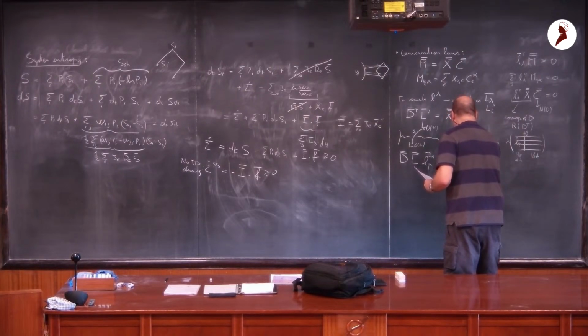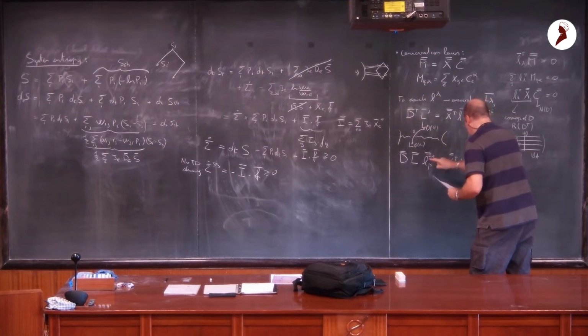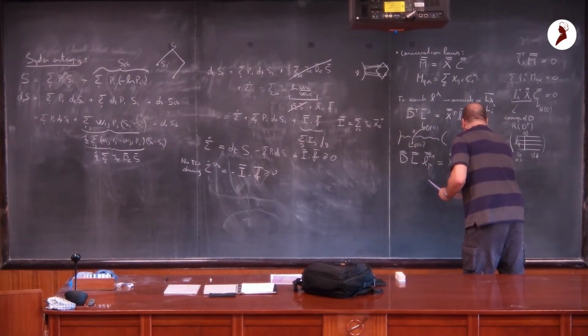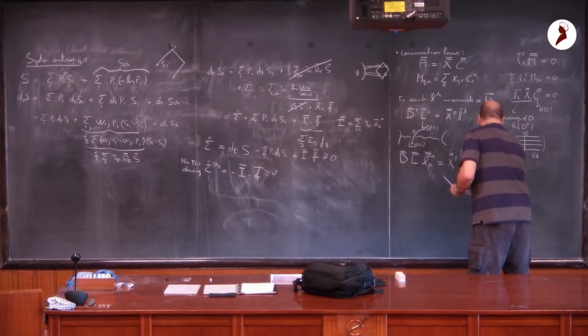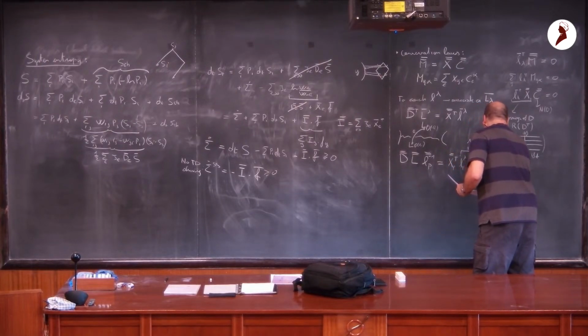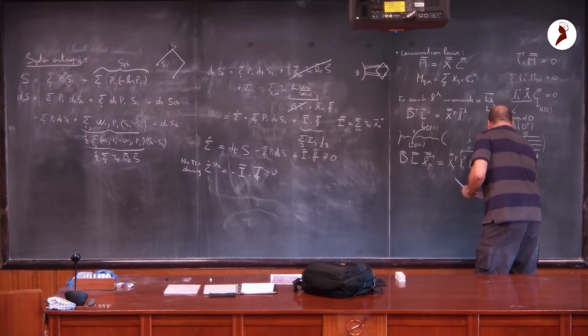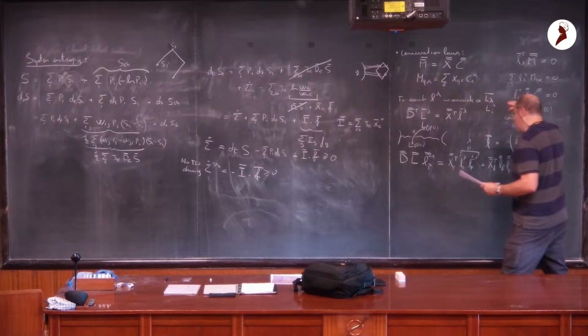I split this sum over y into the yp part plus the yf part. Then I multiply by LP minus 1 lambda, so this part will be 1. And then I will have the part with LF, LP minus 1. So you see, these are all matrices that you invert and you multiply.